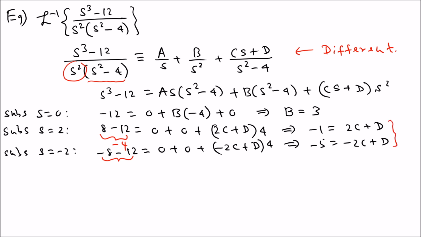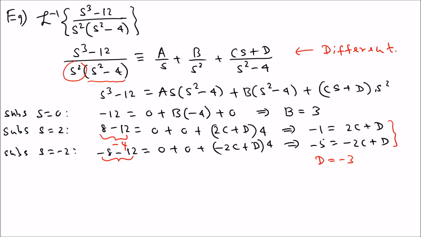So what we can do is add them first. Once you add them, the 2c and negative 2c get cancelled. You get negative 6 equals 2d, so d equals negative 3. And then you subtract the bottom one from the top one, so d gets cancelled.